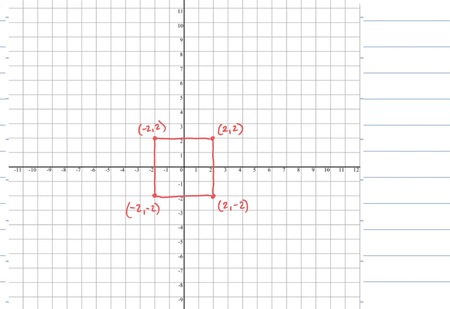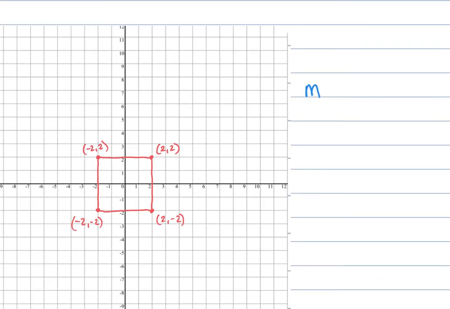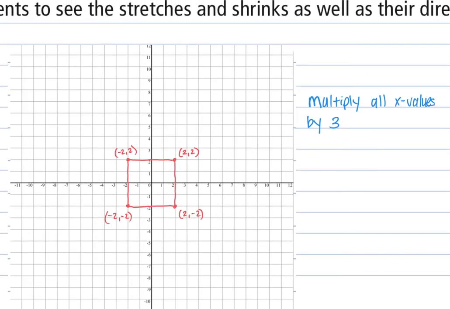It's one of my favorite parts. All right, what we're going to do is we are going to multiply, right, in a different color. Make sure it's a different color. Right over here on the right, we're going to multiply all x values by 3.